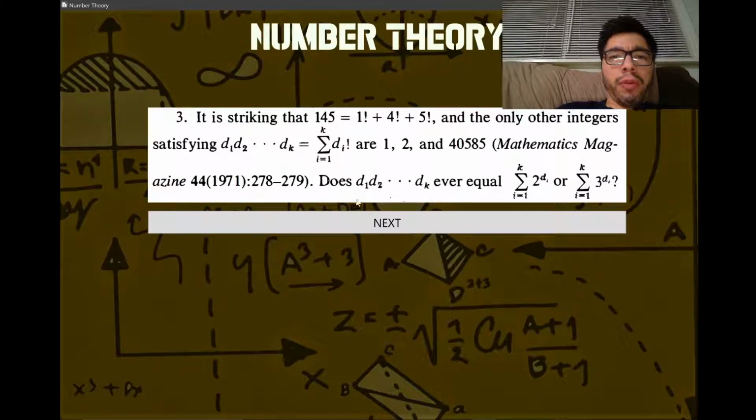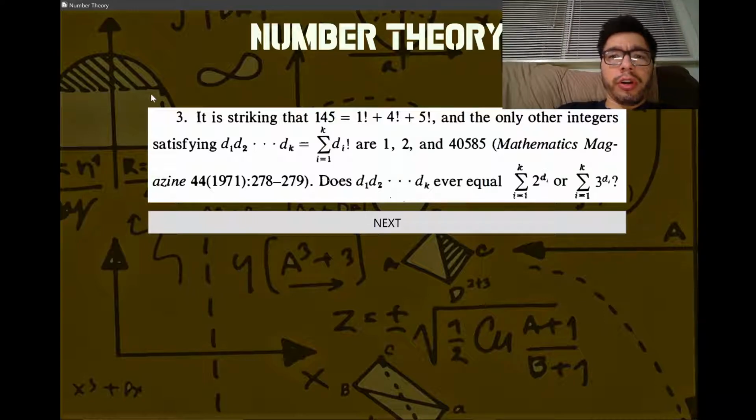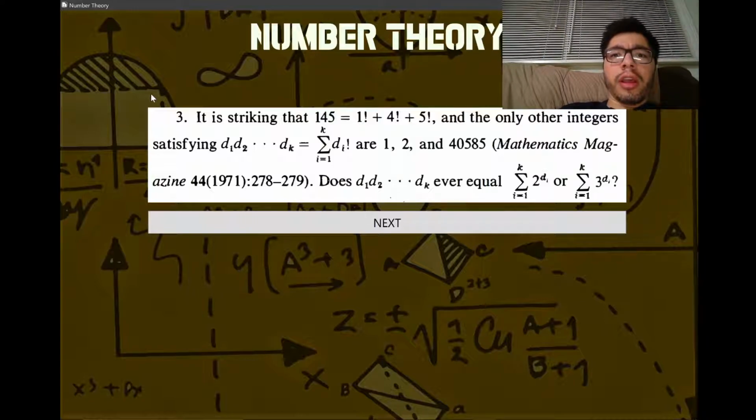It's going to open, and this is problem number 3 that says it is striking that 145 equals 1 factorial plus 4 factorial plus 5 factorial, and the only other integers satisfying that are 1, 2, and 40,585.